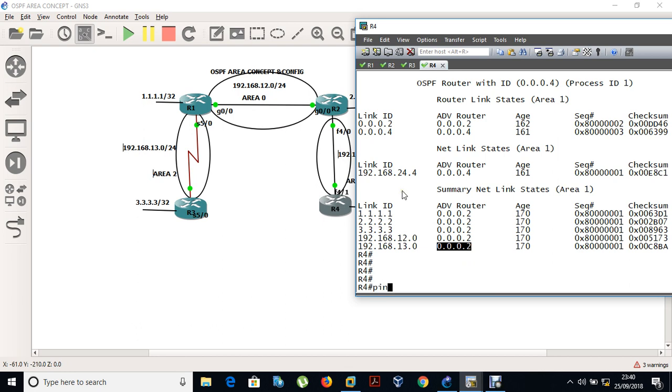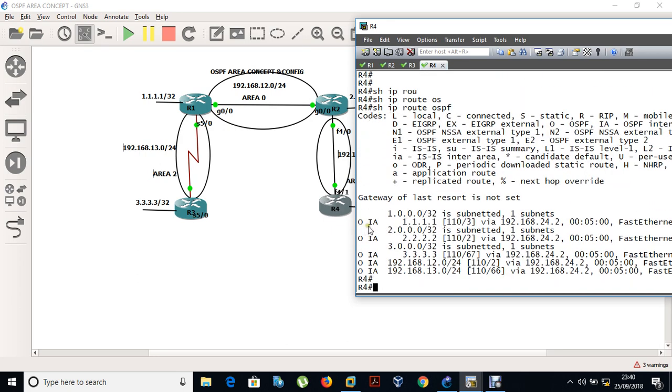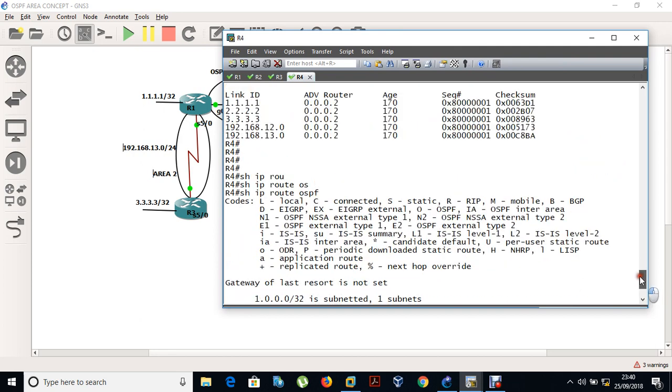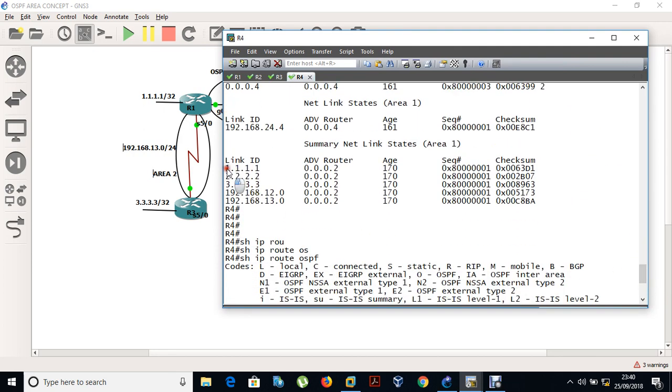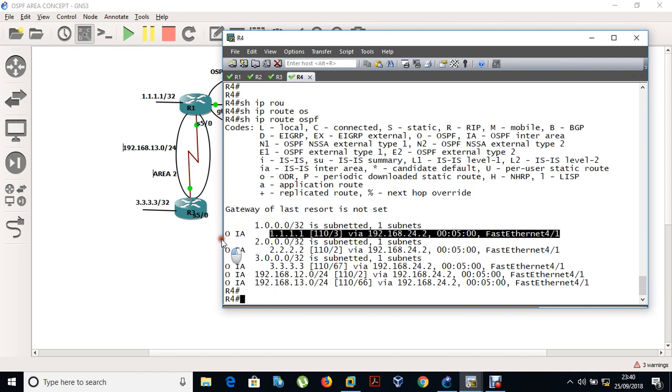So now if I say show IP route OSPF, they are in the routing table as IA. IA means LSA type 3 inter-area routes. You see, link 1 was here, and now it is here as IA routes, O IA. So O is OSPF, I A is inter-area, I for inter and A for area.